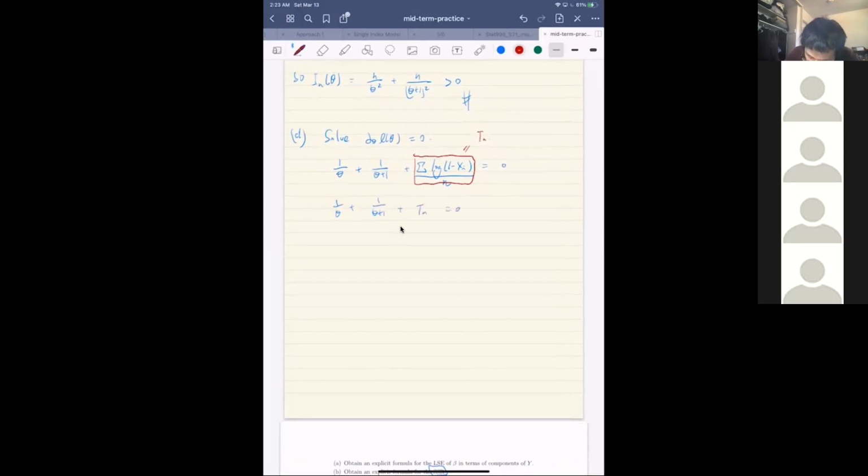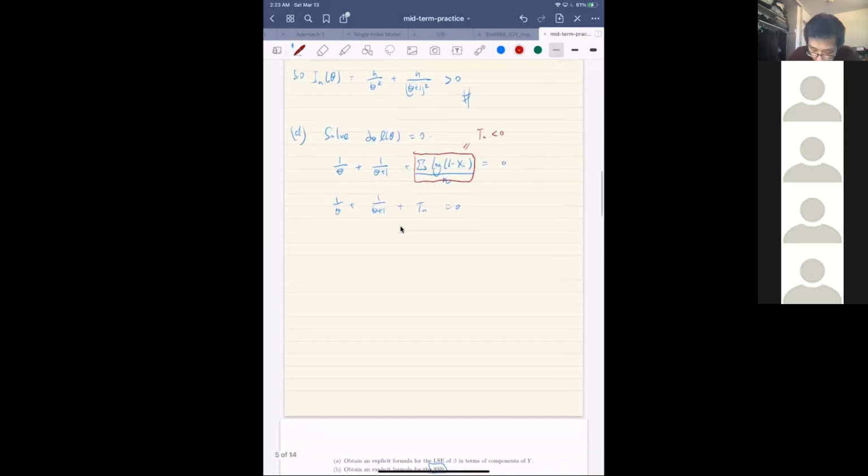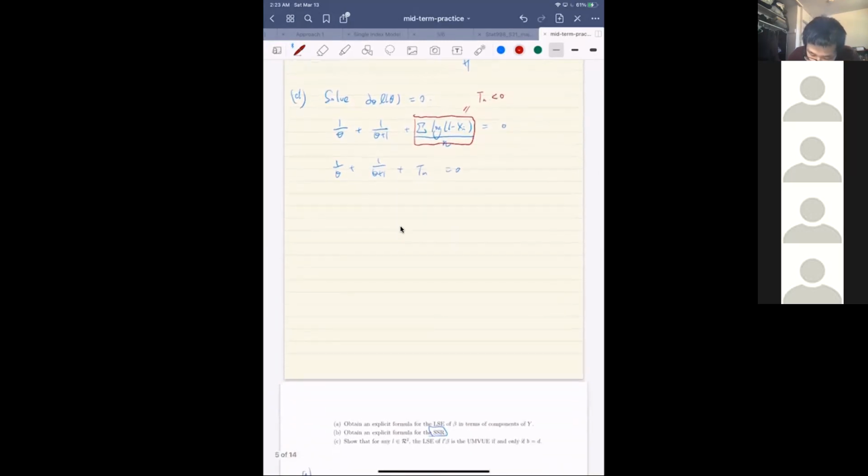Note that Tn should be a negative number because 1 minus Si is between 0 and 1, so the log is negative. And we multiply theta and theta plus 1.